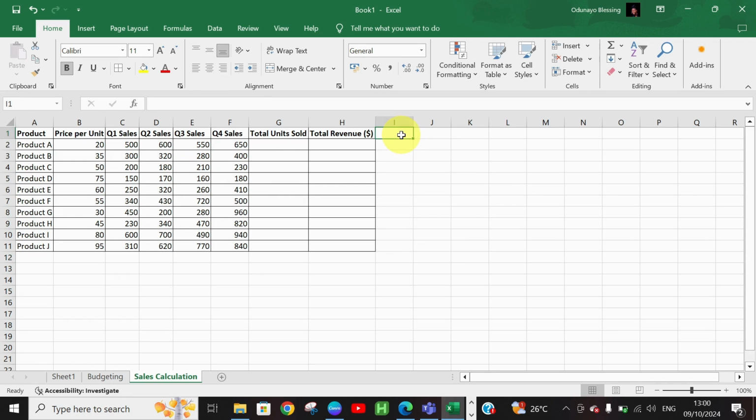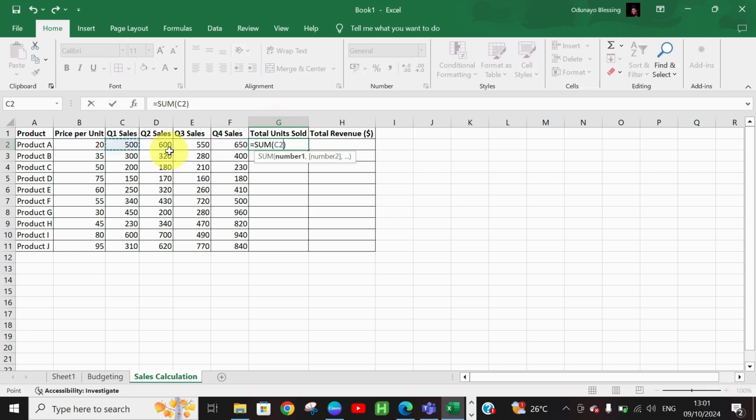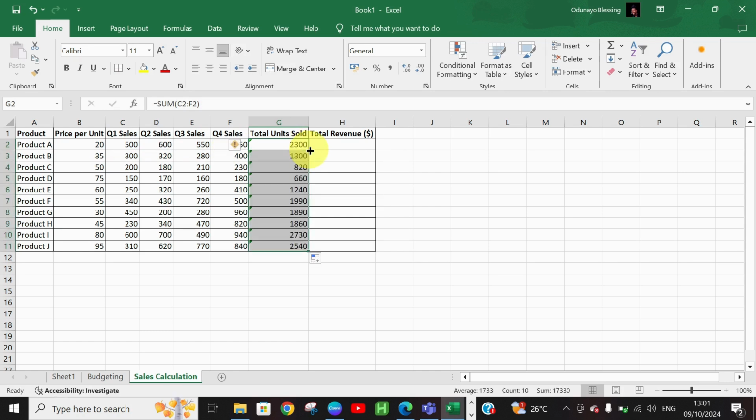In this case, the first thing we may need to do is first calculate the total units sold for each of the quarters. The total units sold can be done in several ways. I have shown that before. So that's the sum. This is the units sold for each of the products.